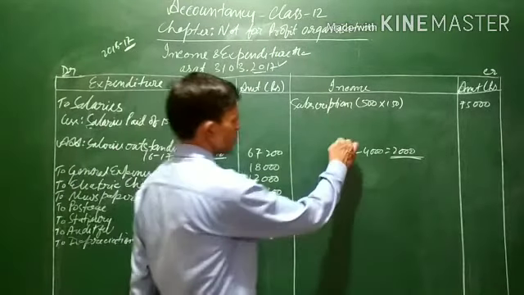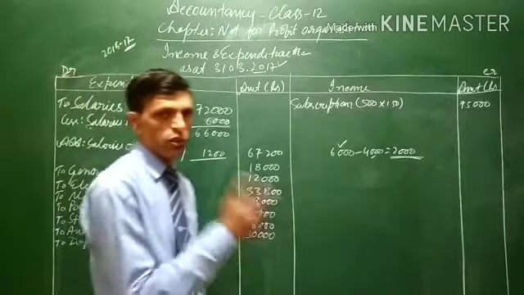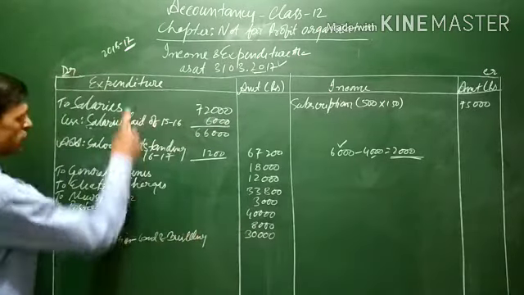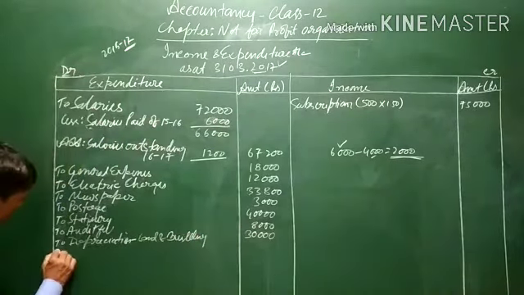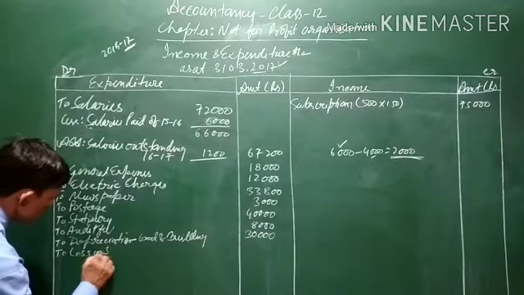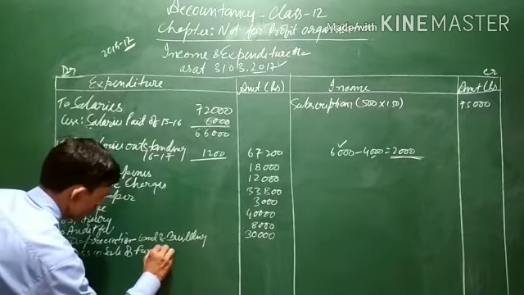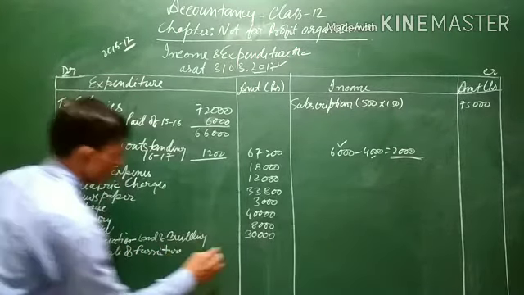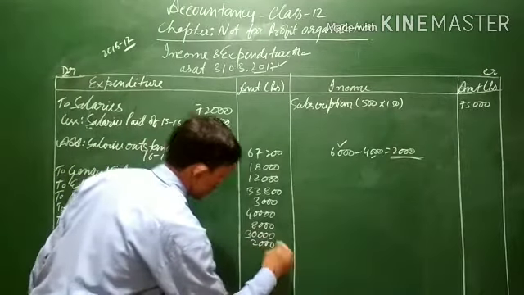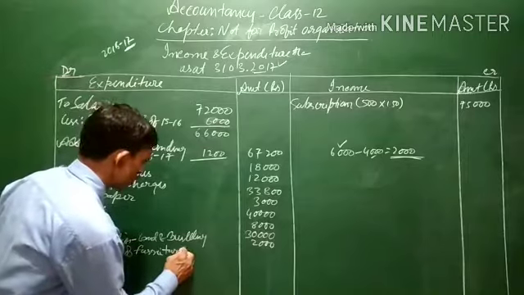This loss will be recorded as expenditure, to loss on sale of furniture. 2,000 is the amount of loss on sale of furniture and it will be recorded in the expenditure side.